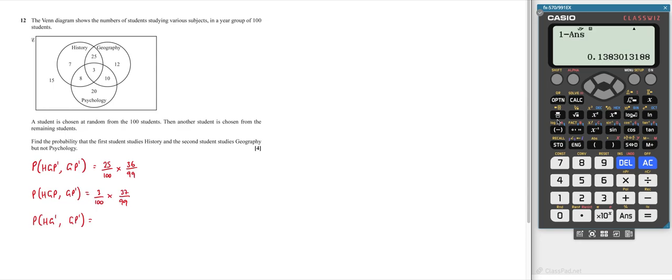So history and not geography is 15, because you've got 8 and 7. Is 8 and 7 over 100 multiplied by the 37 over 99.